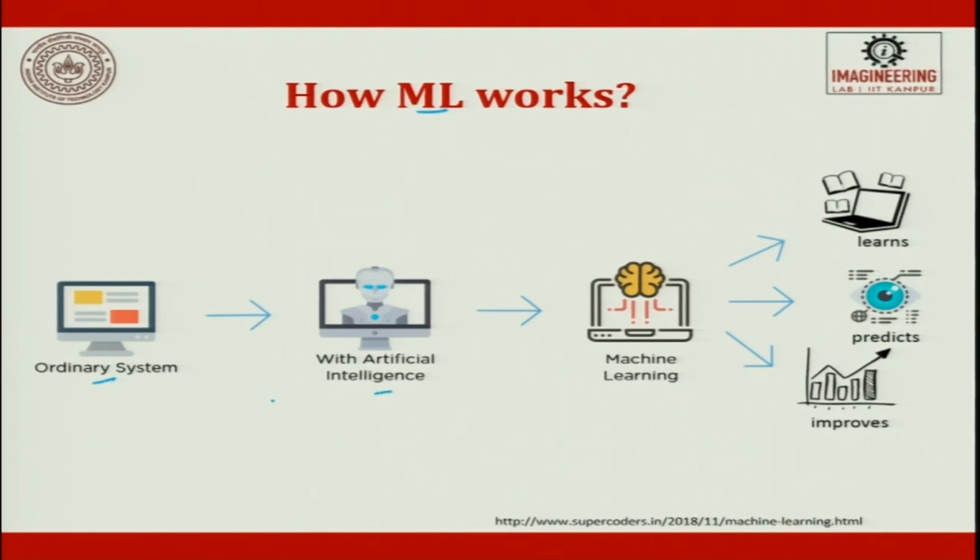So, on the system which has artificial intelligence, I do machine learning. I have three things: I learn, I predict and then I improve. All these things will be done by machine learning. I will learn with the data which is available, I will predict and see how close I am to the error, and then I try to improve my learning exercise, and next time when I do, I will try to use the advanced learning version to do the processing.